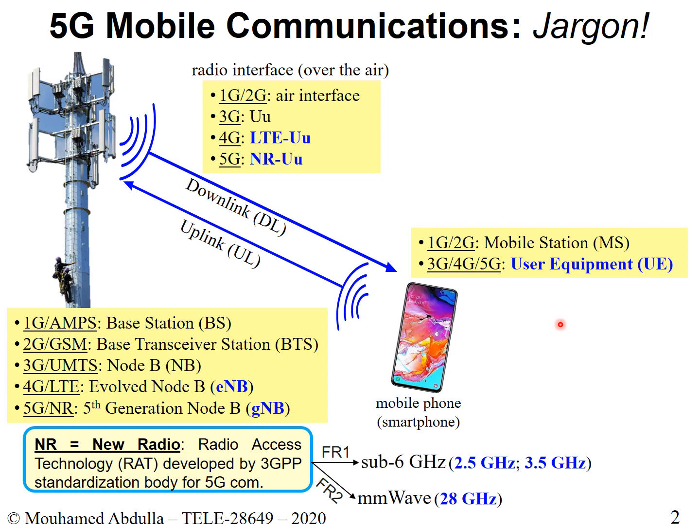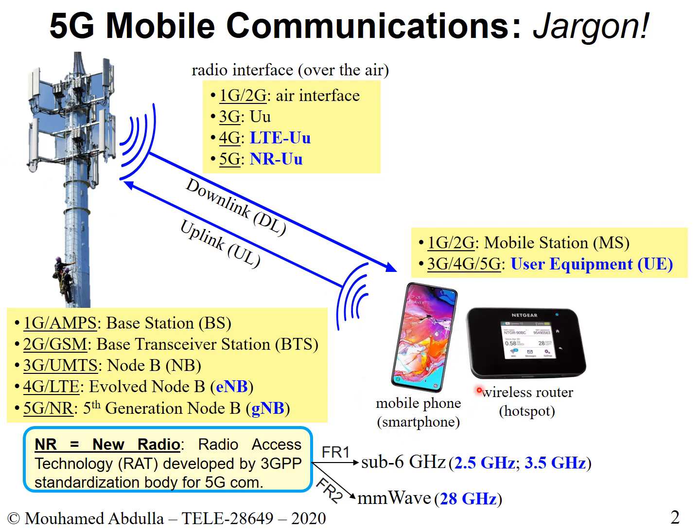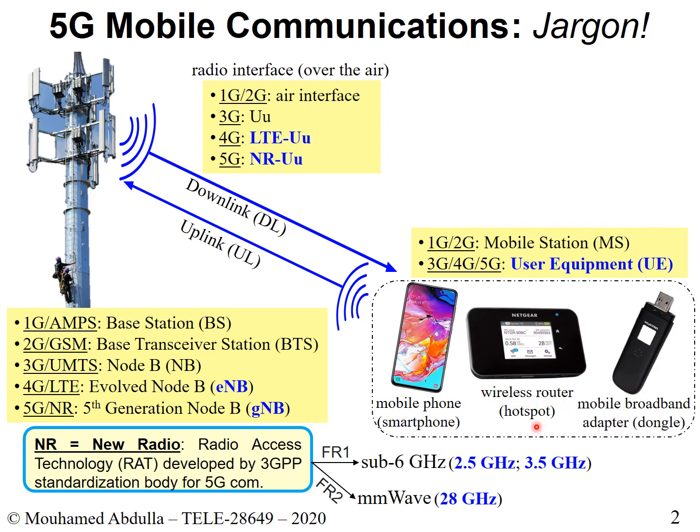For 3G, 4G, 5G, the different units that are connected to the cell tower suddenly changed name to UE, user equipment. So anytime you hear the word UE or user equipment, it basically means some radio frequency device that can talk to a cell tower. And it doesn't necessarily have to be a mobile. It could be anything, such as a wireless router, a hotspot, or a mobile broadband adapter.